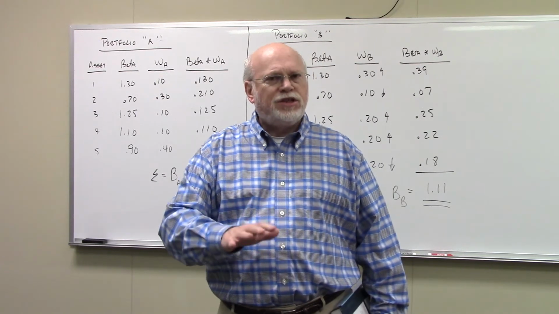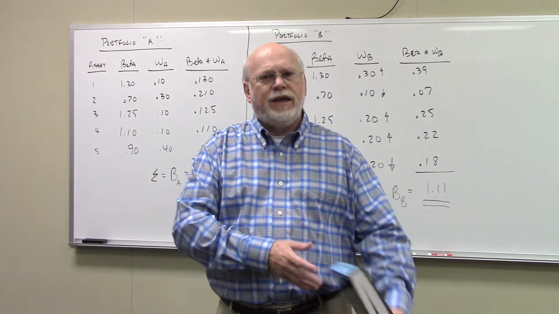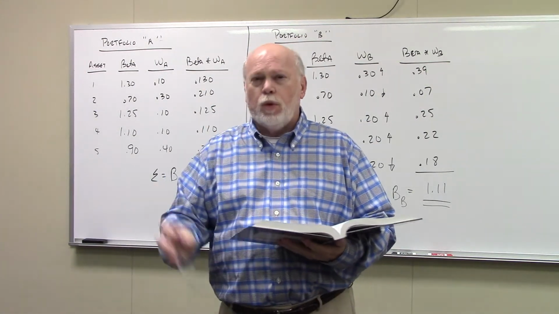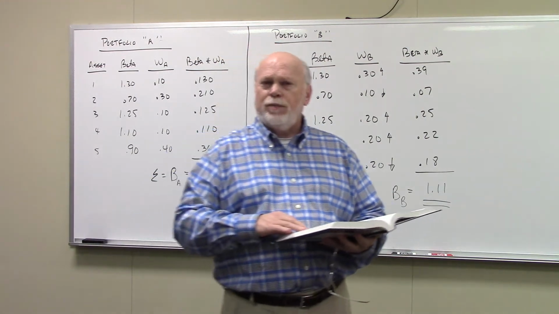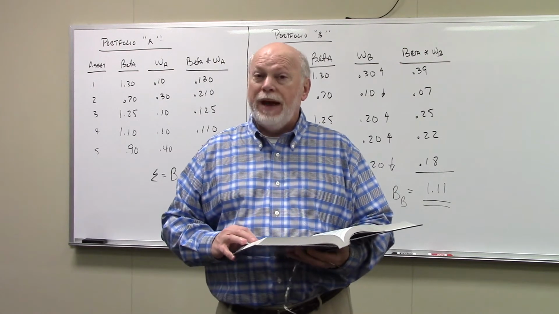But again, this is the beta of a portfolio that they're showing you here. And again, something you should be aware of: this is a measure of risk, of what's called systematic risk, and this is beta.